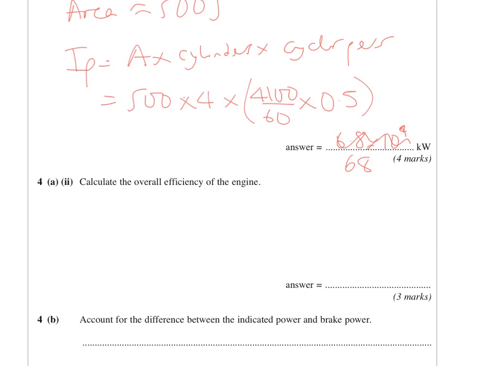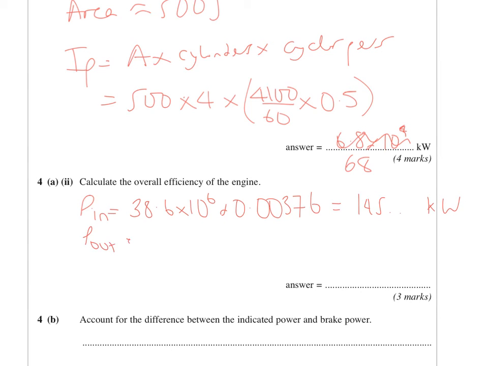Calculate the overall efficiency of the engine, so we need to get your power input, which is going to be the calorific value, so 38.6 times 10 to the 6, and then you're going to times that by 0.00376, that's in litres per second, which gives you 145 kilowatts. Power out is 55 kilowatts, so the efficiency is 55 divided by 145.